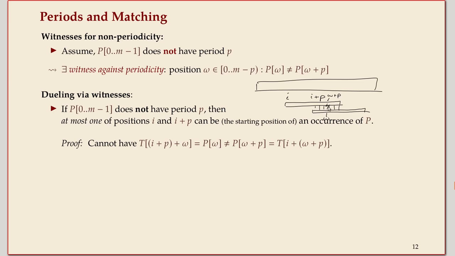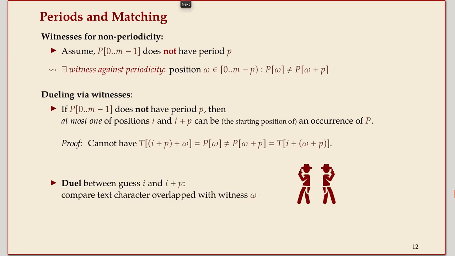So also, these here are different, and whatever's in the text, it can be one of those two, but it can't be both. So it can only be one of the two characters. So only one of the two positions can possibly be a match. We don't know whether it's a match. It could also be that both are not a match. But not both can be matches.